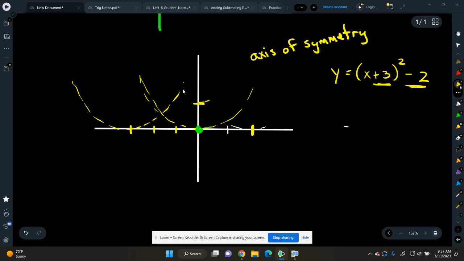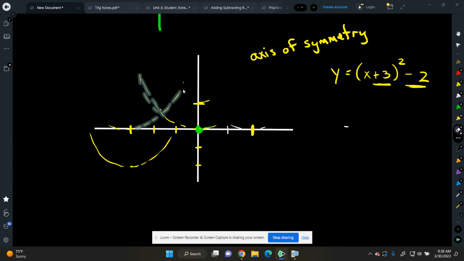What's the minus 2 doing? Down 2. So we move the whole thing down 2. So that's a rough sketch of my parabola of that equation.